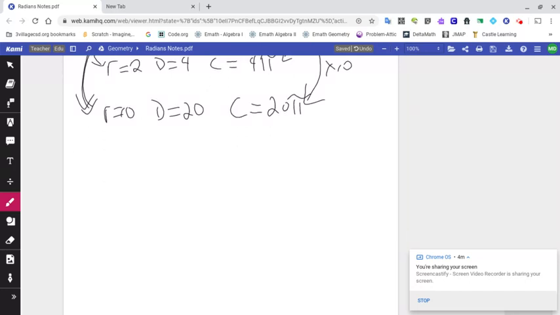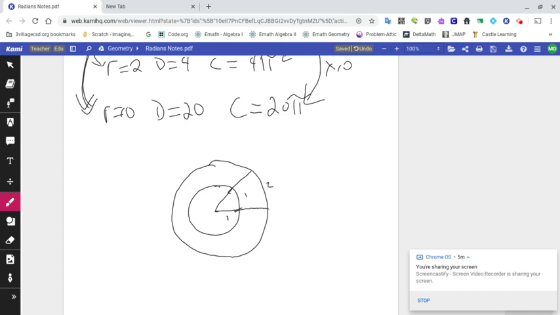Just as a visual, suppose this is a radius of 1 and this is 1 radian. That means this arc length will be 1. If I make my radius 2, same angle, the entire circumference doubled in length, so the corresponding arc will also double. If this radius is 2, that arc will be 2.